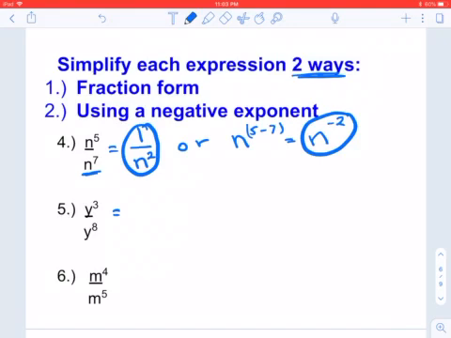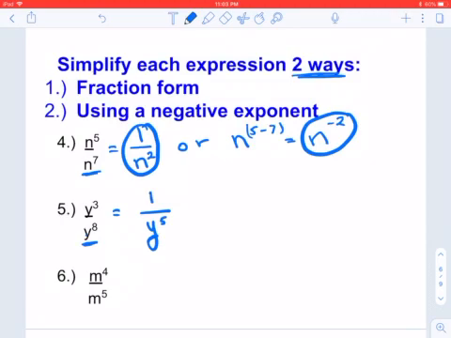So we have y to the 3rd over y to the 8th. We have more powers of y in the denominator. So if we answer this in fraction form, our leftover powers of y are going to be down here in the denominator. How many leftover powers of y are we going to have down there? Well, if we subtract 8 and 3 to find their difference, but we want it to be a positive difference, 8 minus 3 gives us 5.